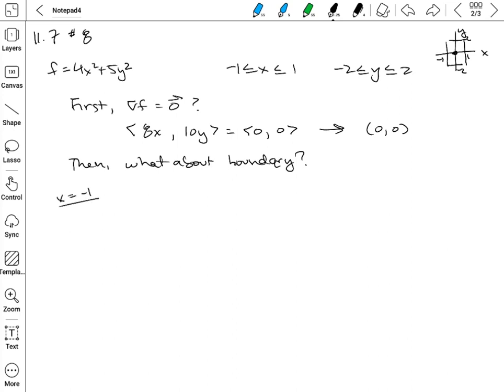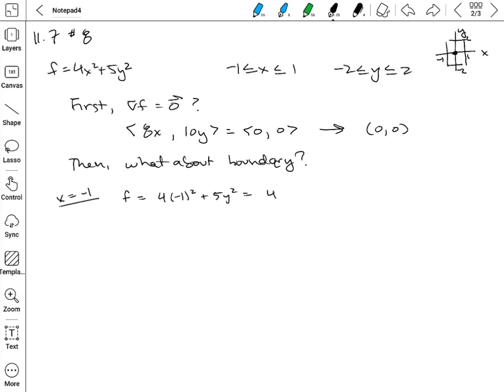So let's just go through the boundary from left to right as I've written it here. So we're going to check x equal -1 first. When x is -1, f is going to be 4 times -1 squared plus 5y squared.